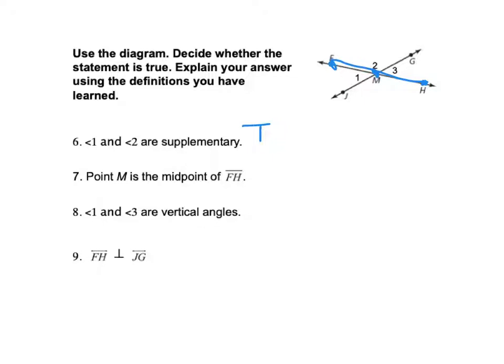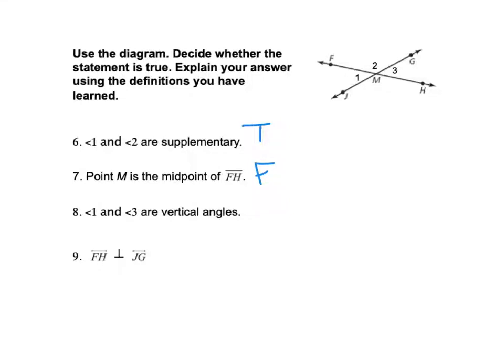If we look at the diagram as it is, there is nothing that tells us that is a fact. If it doesn't tell us that, we can't assume it. It might look like it, but it is not actually the midpoint. So that one is false, because there's not enough information.